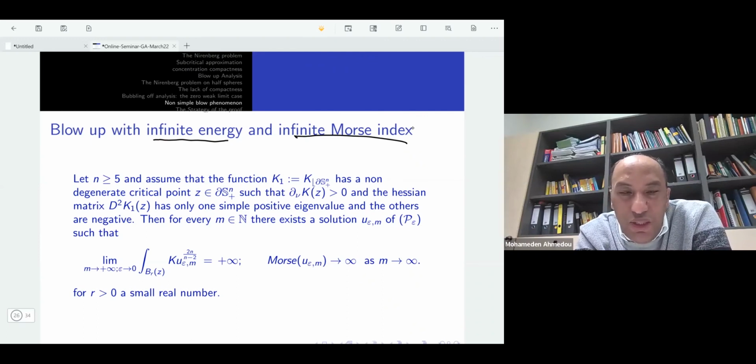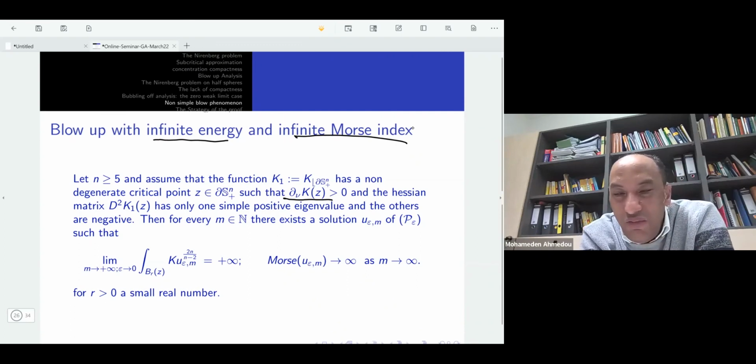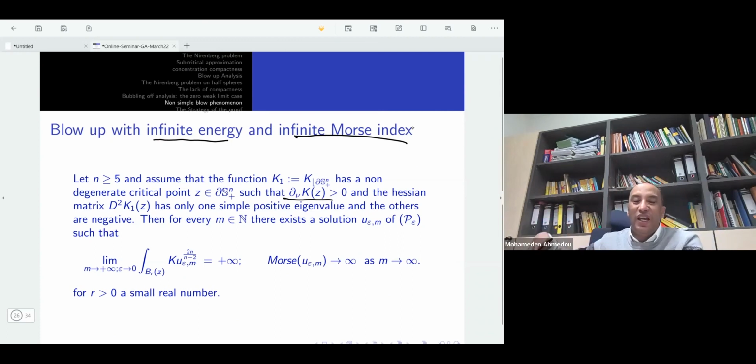So you assume that you have a critical point where the normal derivative is positive. Now, if you assume that the Hessian matrix has only one positive eigenvalue and all the others are negative, then for every m, you can construct a solution which has the energy of m bubbles. And you can let m go to plus infinity. Then you get that the energy goes to plus infinity and the Morse index goes to plus infinity.